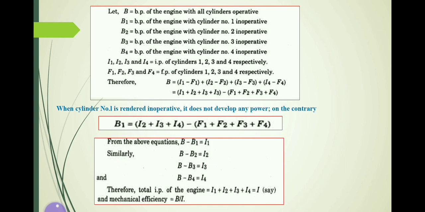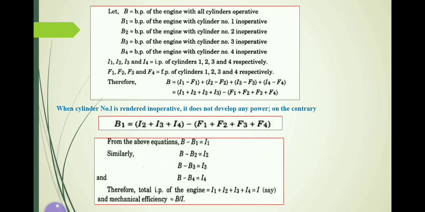That means B minus B1 equals the indicated power inside cylinder number 1. Applying the same method, we get I2, I3 and I4. That means I1 equals B minus B1, I2 equals B minus B2, I3 equals B minus B3 and I4 equals B minus B4. In this way, we can get all the indicated powers.